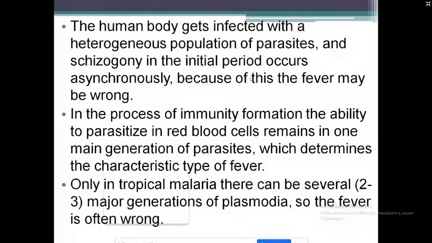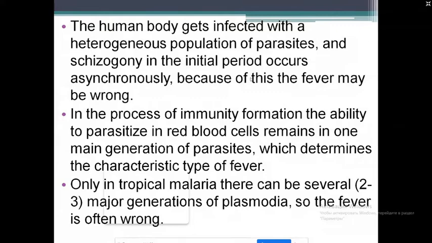In the process of immunity formation, the ability to parasitize in red blood cells remains in one main generation of parasites, which determines the characteristic type of fever. Only in tropical malaria, there can be several, 2-3 major generations of plasmodium, so the fever is often irregular, maybe during some days, dear students.